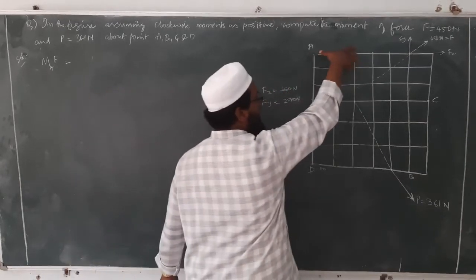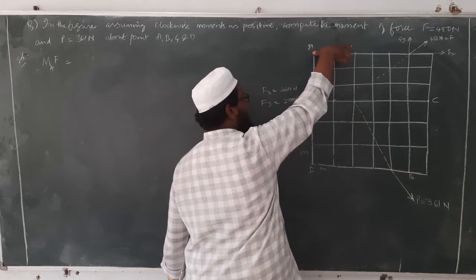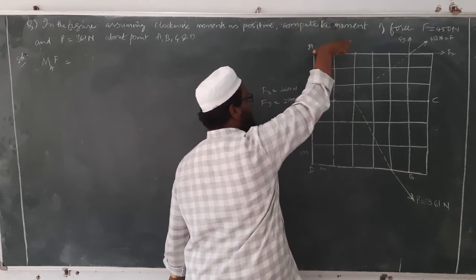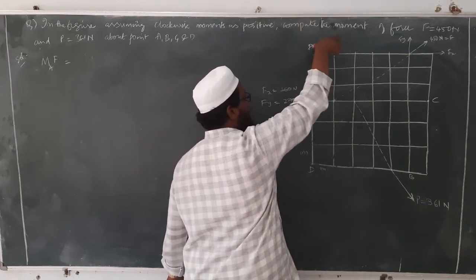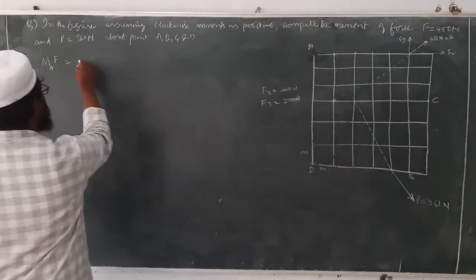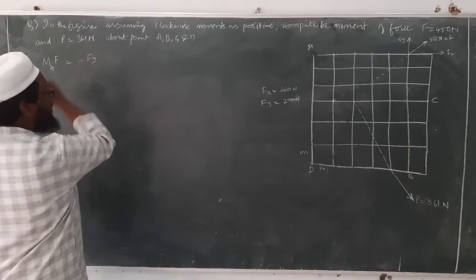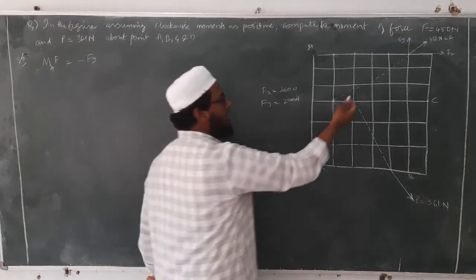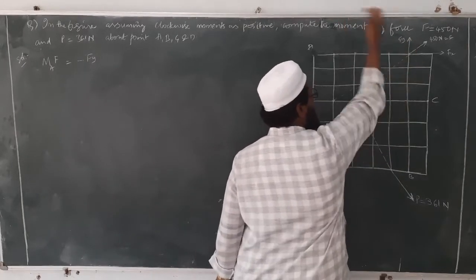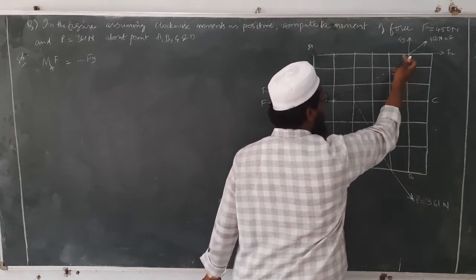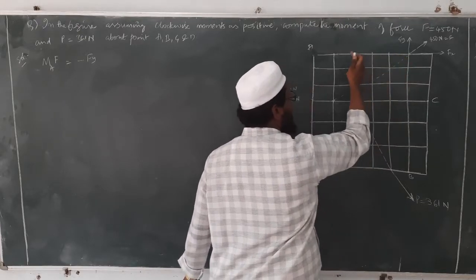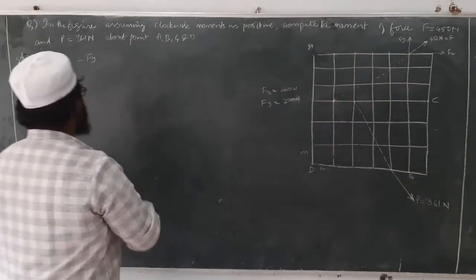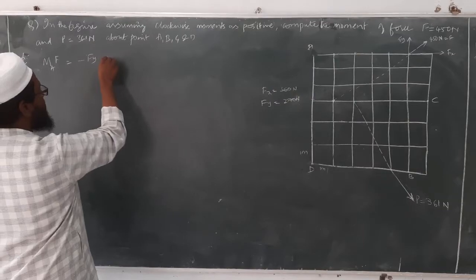And what about Fy? See the force Fy is going in anti-clockwise direction. See the direction, my hand is rotating in anti-clockwise direction. So minus Fy, and what is the perpendicular distance? Force is going in anti-clockwise direction, so minus Fy. Perpendicular distance is 1, 2, 3, 4, 5. Okay, so minus Fy, perpendicular distance is 5.